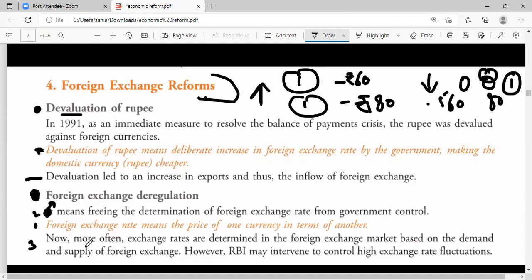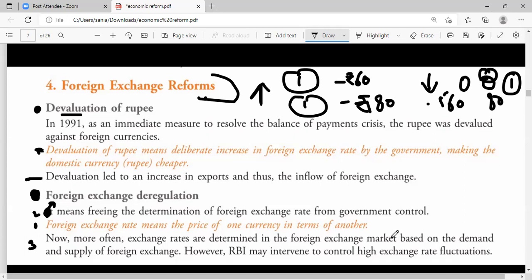Now, exchange rates are determined by the foreign exchange market based on demand and supply of foreign exchange. So now the market is going to determine it. But sometimes RBI, the central bank, may intervene to control high exchange rate fluctuations. Sometimes RBI does interfere, but most of the time the market is going to control whether the rate increases or decreases.